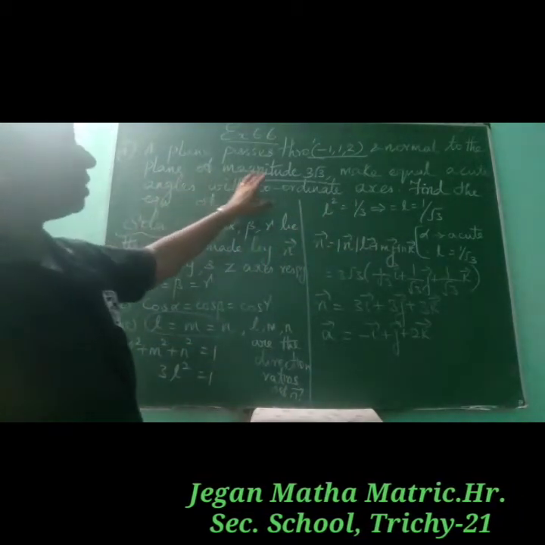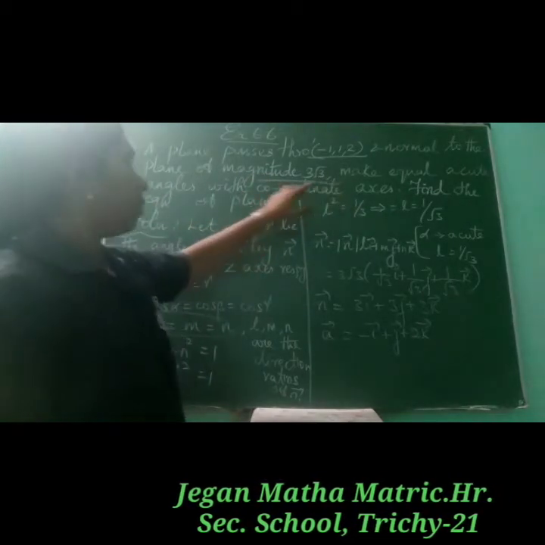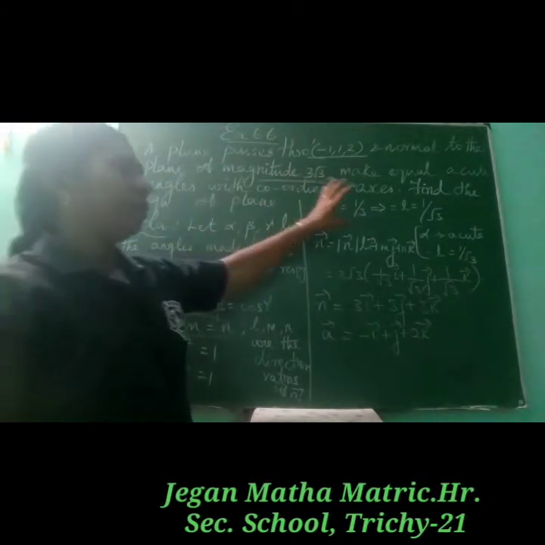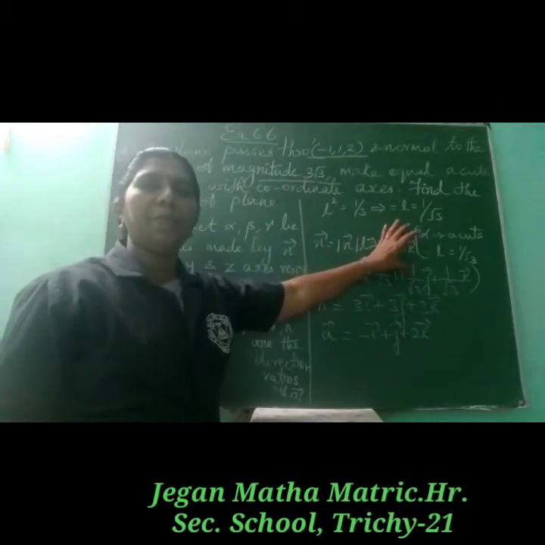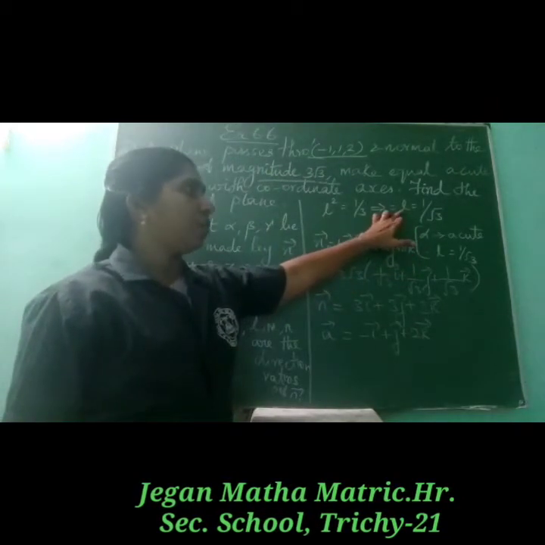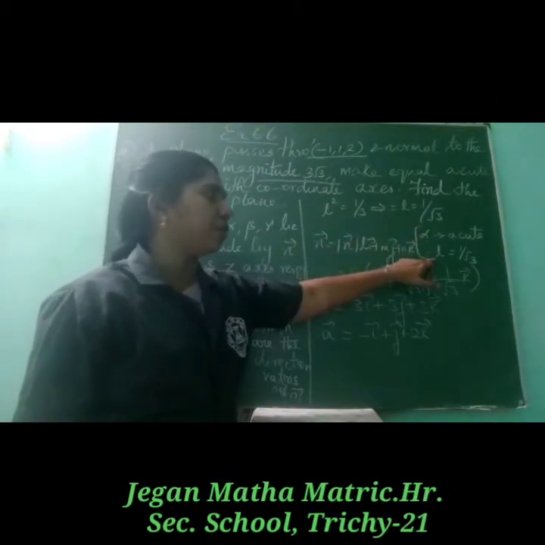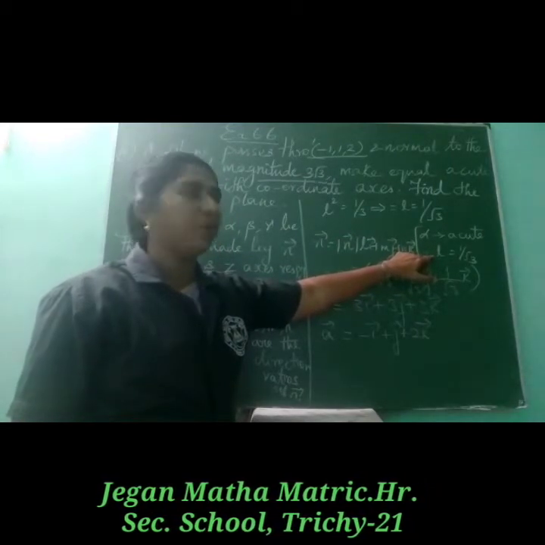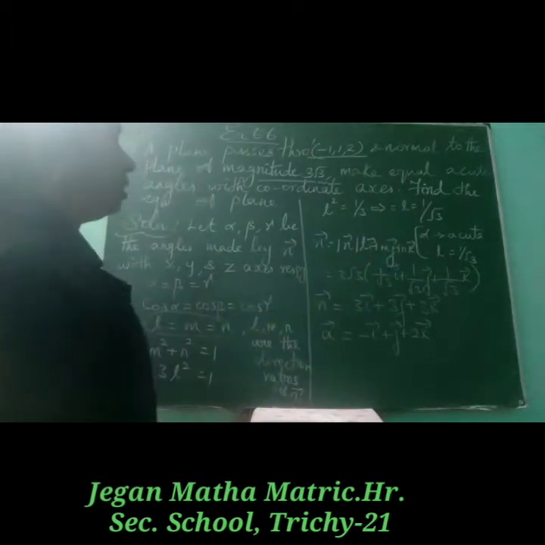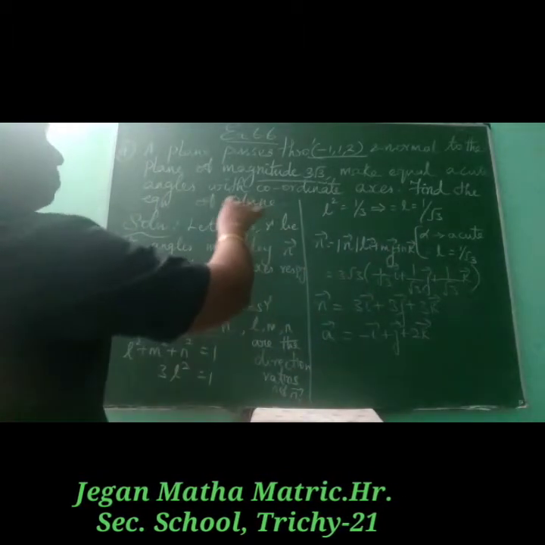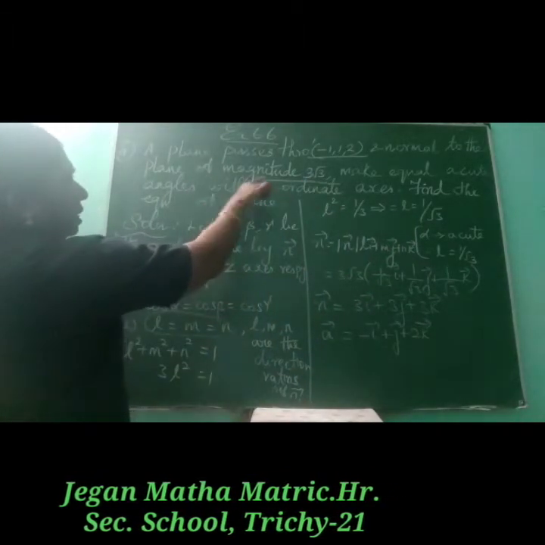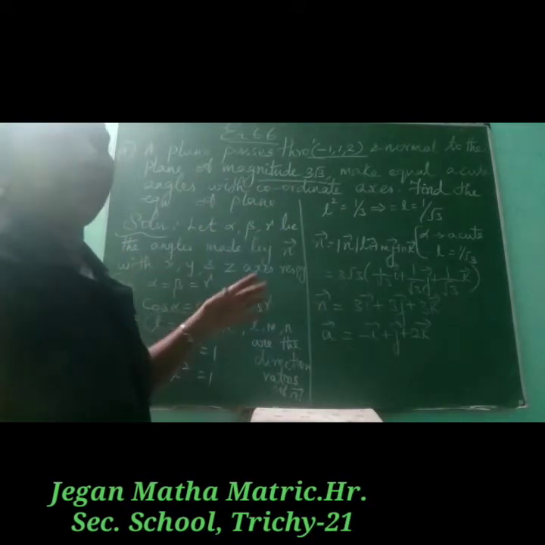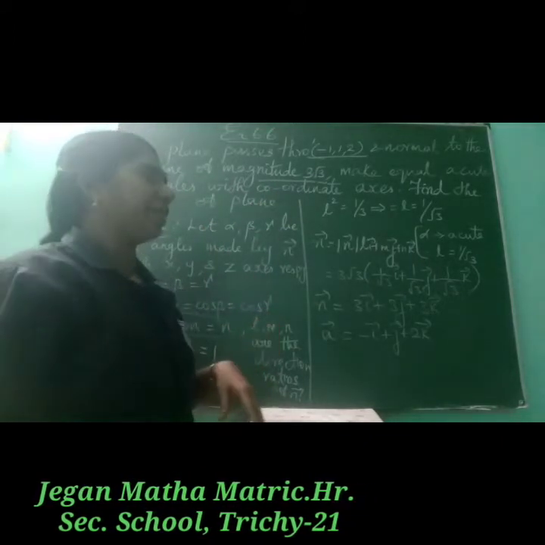Since in the question it is given that it makes equal acute angles, acute angle means we can consider only the positive value. So we are taking only l equal to 1 by root 3. If l equal to 1 by root 3, m and n are also equal to 1 by root 3. Then in the question it is given that the normal to the plane has magnitude 3 root 3. We want to find the normal vector.